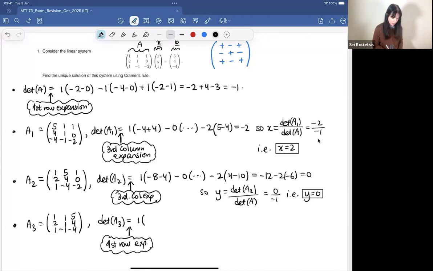And we get 1 times -4 plus 4. Completely fine if you just want to write 0, but I just want to be clear with the calculations. Then it's -1 times -8 -4, and finally it's +5 times -2 -1.